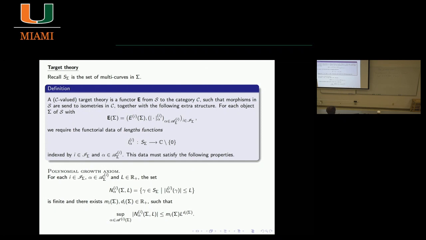You look at all the multicurves that for that seminorm have length, in absolute value, because it's in C, so I'm taking absolute values, less than L. That's a subset of S sigma. You want this to be finite, and you want its size to not grow faster than a polynomial whose coefficients only depend on I. And here you're taking the supremum over all seminorms for the given I. That's the polynomial growth axiom.